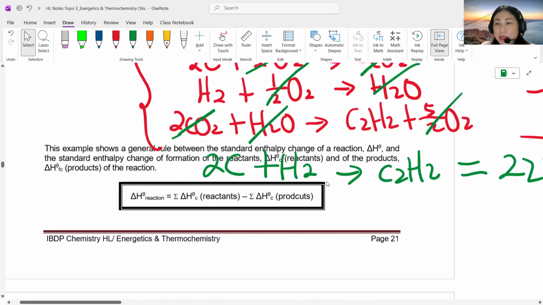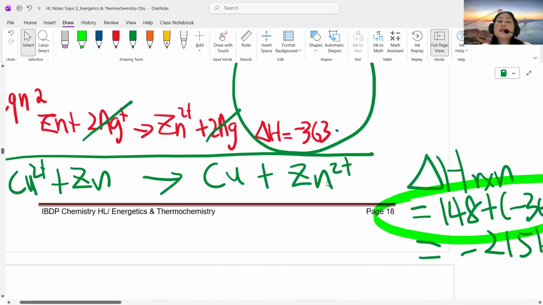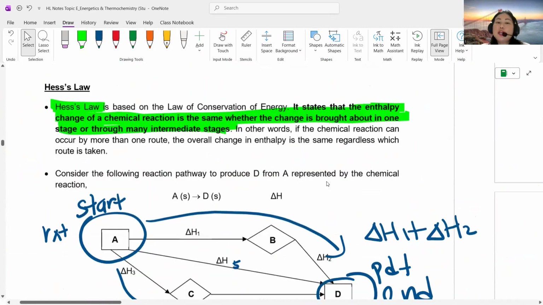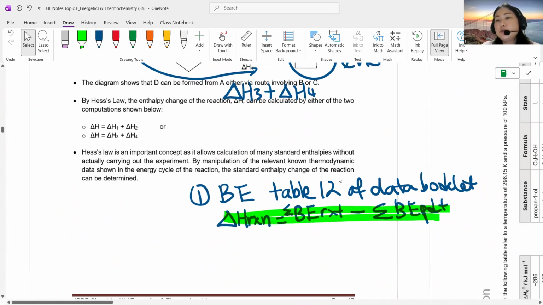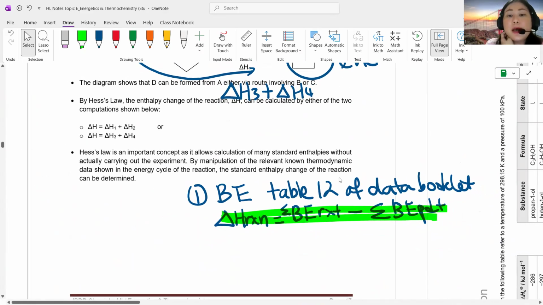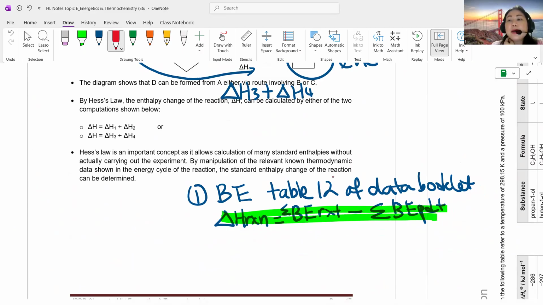All right, last method already. The last method to find enthalpy change by calculation without experiment is to use bond energy. Bond energy is what you have learned in year 4, whereby you calculate how much energy is needed to break every bond and how much energy is given out by every bond formed, and the net change is the energy of the reaction.